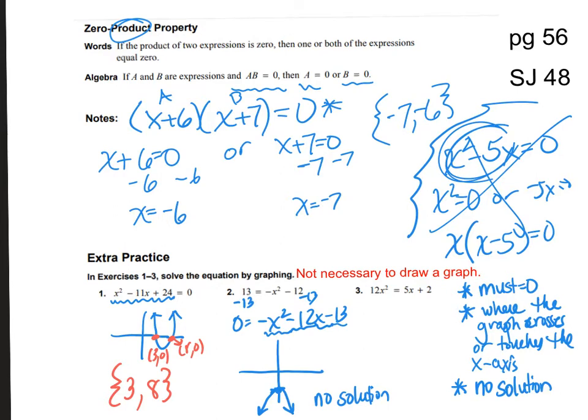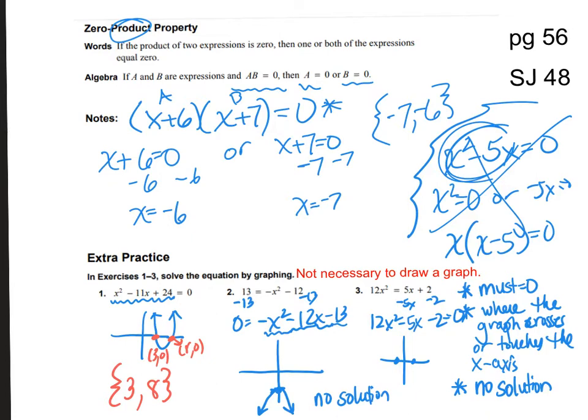For number 3, I'm going to subtract 5x and subtract 2. I'm going to type that into the calculator or into Desmos. And when I type that in, I see negative 0.250 and 0.666670.